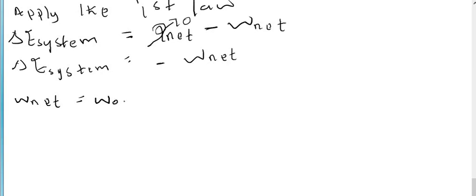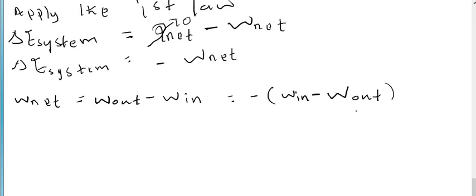So we can say work net is equal to work out minus work in, or equal to minus of work in minus work out. From the system there will be no work out, only work in, that is work in from the spring to the system, no work out.